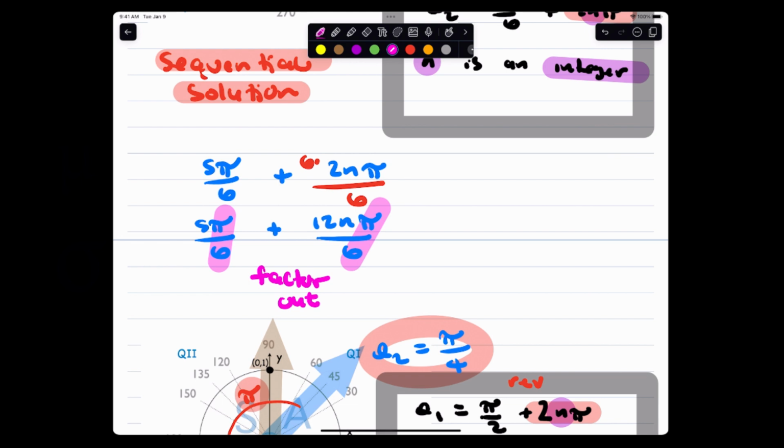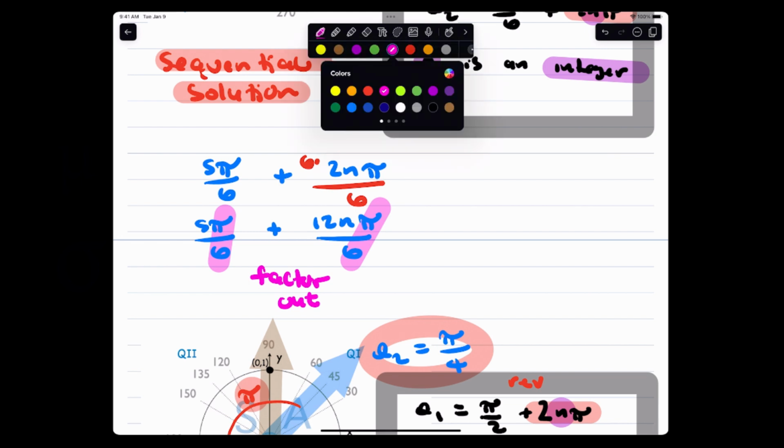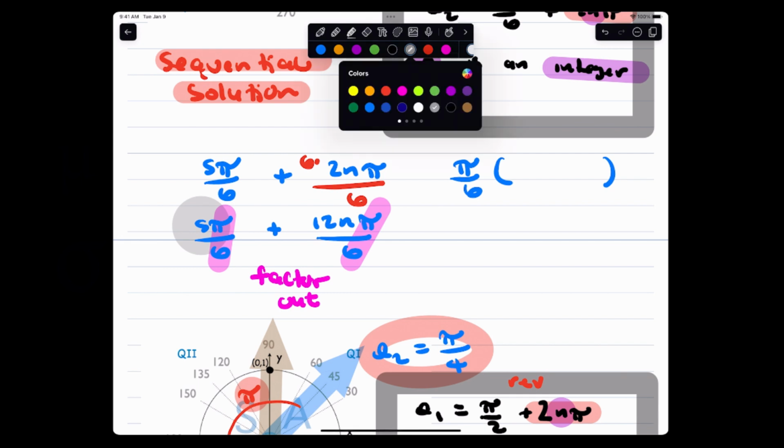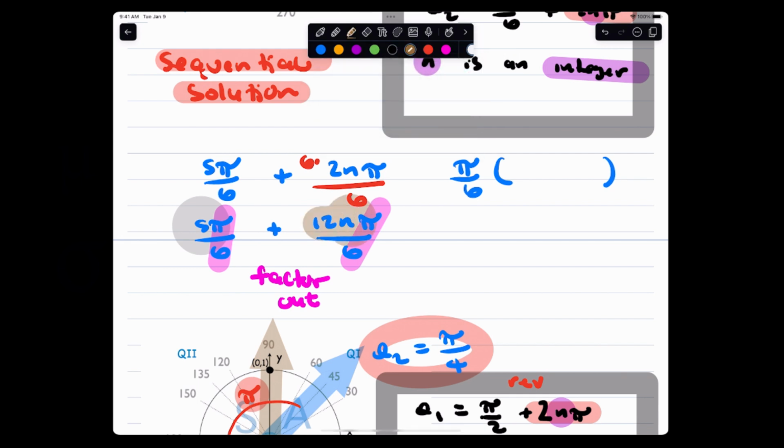Factor out pi over 6. So that looks like this. You take pi over 6 times 5 plus 12n.